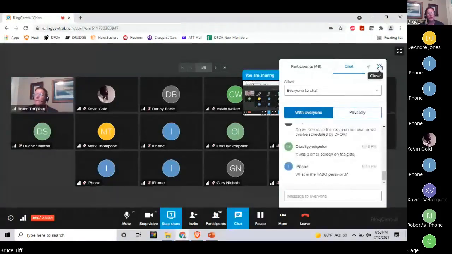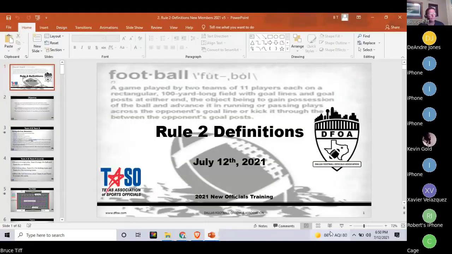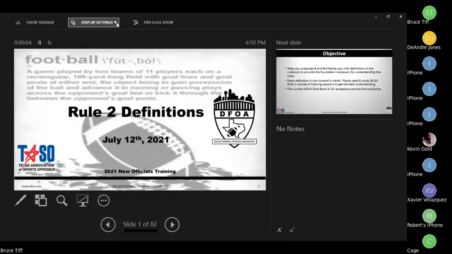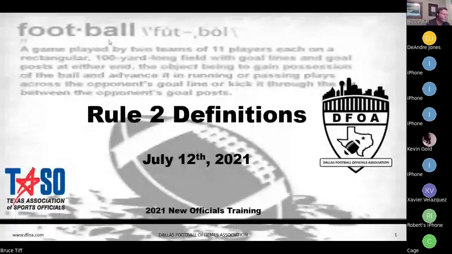Someone said it was a small screen on the side, so that's good. I'm going to switch displays, and then you should see the presentation in full mode here in a second. Okay, so hopefully that fixed that problem, and you're now seeing the full screen.